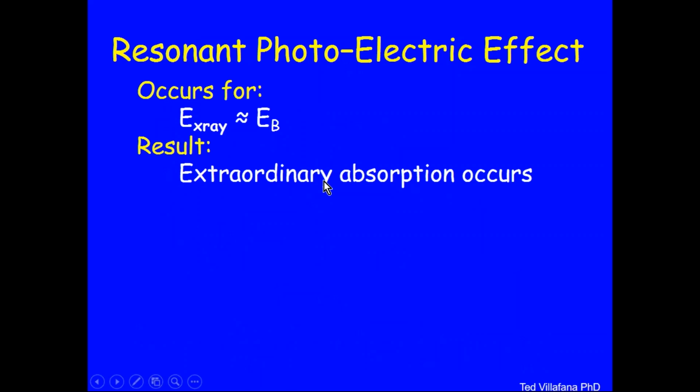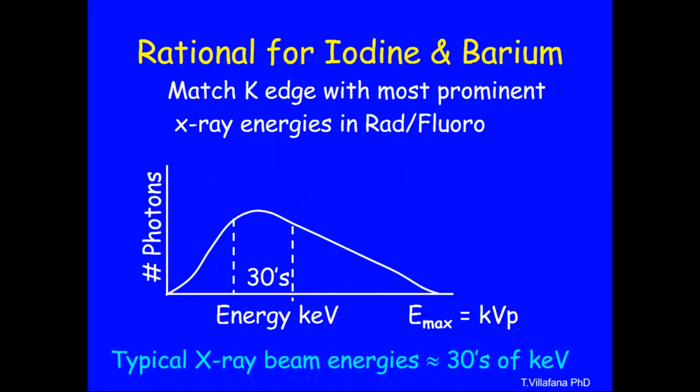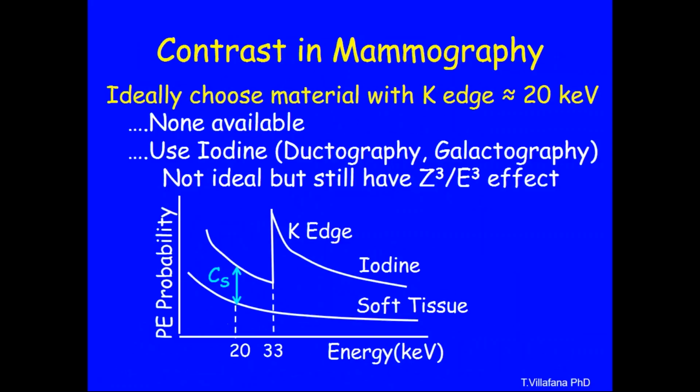Okay, so the question then is, how about in fluoroscopy? How about in mammography? In mammography, the ideal contrast media would have a binding energy of 20 keV. Well, yeah, molybdenum gets that, but would you want to inject molybdenum into a patient? So there's essentially no good contrast media available for mammography.